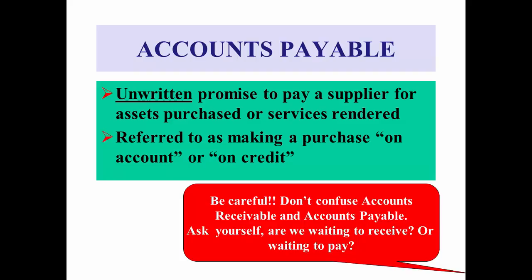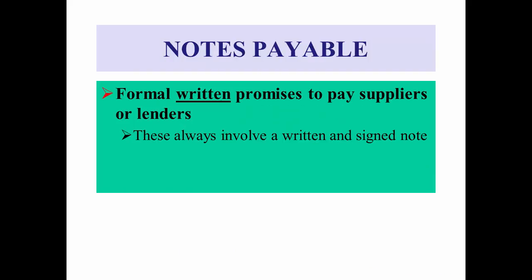Accounts payable means we're going to pay it in the future, and right now, today, we owe it out to somebody else. It's a liability. With notes payable, we have a formal written promise to pay the suppliers or the lenders, the bank, or whatever.